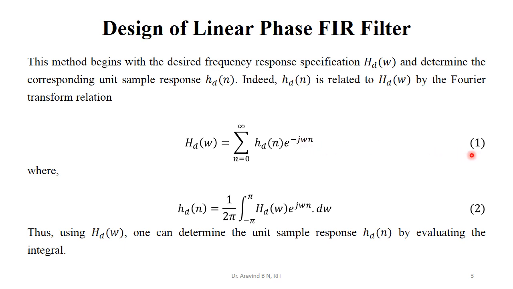Let us call this equation 1. Now HD of N is defined by the inverse representation, that is equal to 1 divided by 2 pi integral minus pi to pi HD of W e to the power of j Wn dW. Let us consider this as equation 2.